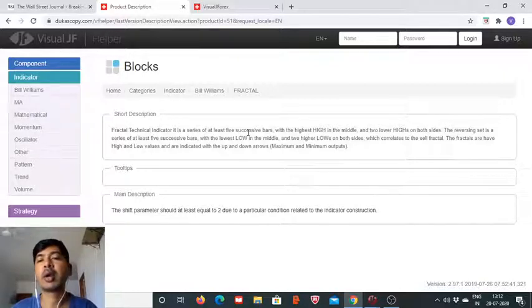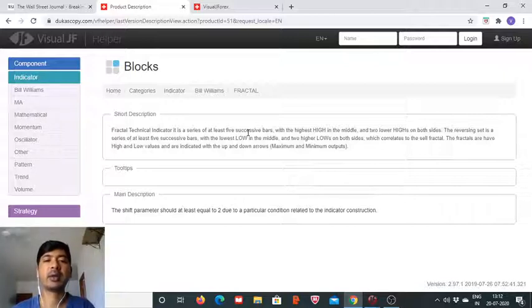If you are looking at the maxima, you have to consider the high value. If you are looking at the minima, you have to consider the low value. And the basic requirement is that the high value should be in the middle of these 5 consecutive bars. That means 2 candles on each side should have the lower value.